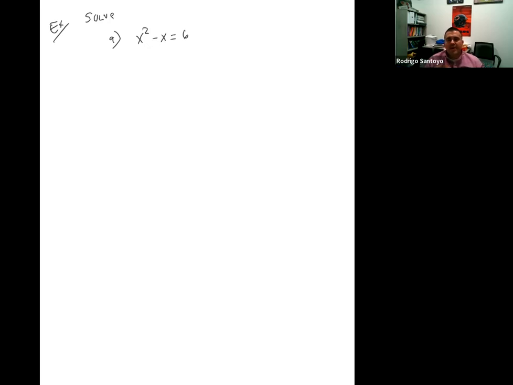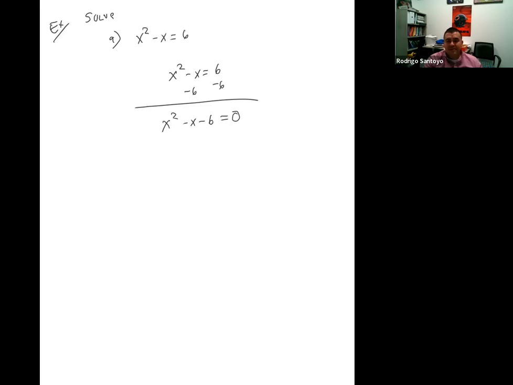What do we do in order to make it equal 0? You move the 6 and you set it equal to 0. Very good, right? Move the 6 to the other side. So I'll rewrite the problem here. We subtract 6, giving us x squared minus x minus 6 equals 0.